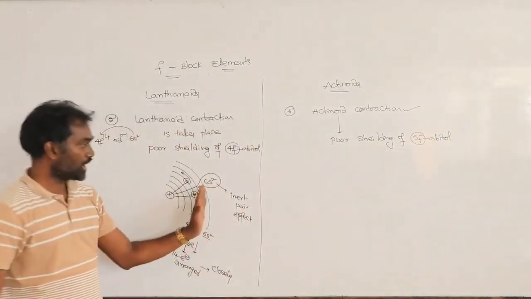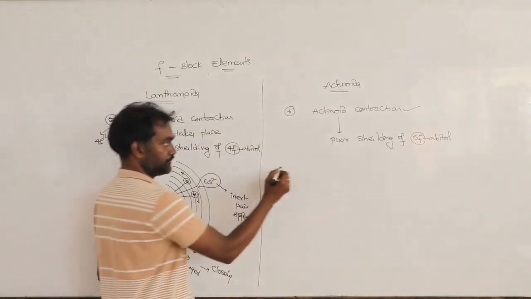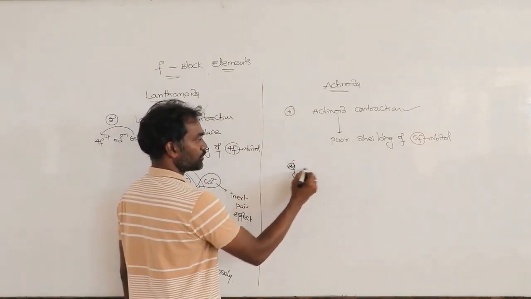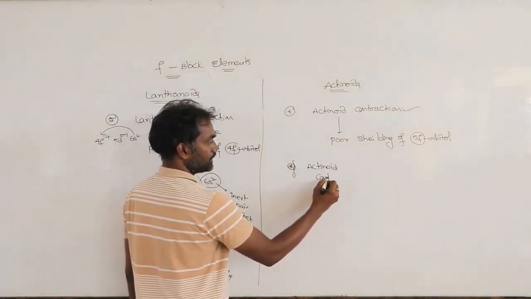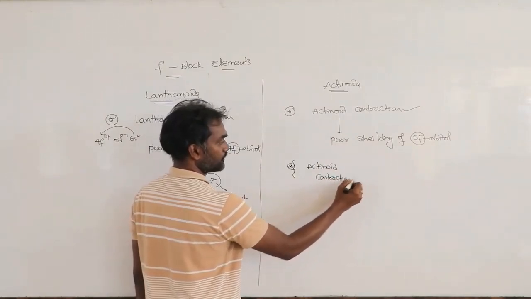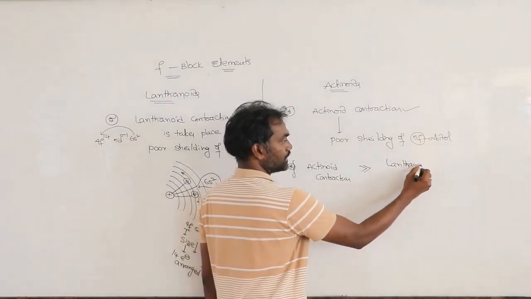One more orbit is increased. Actinide contraction is more powerful than lanthanide contraction.